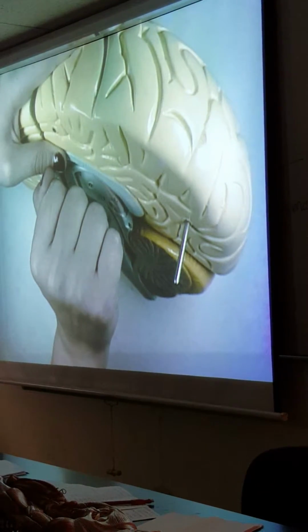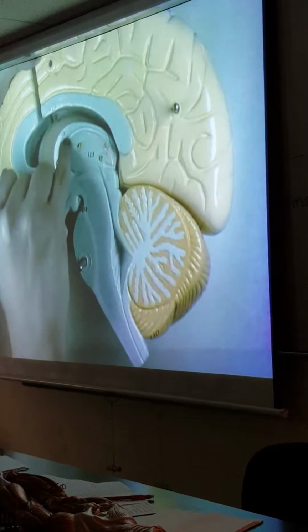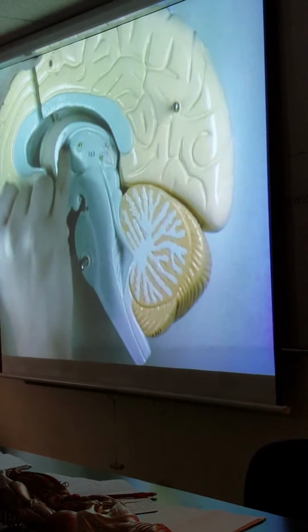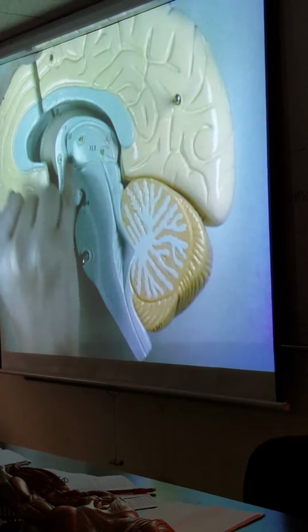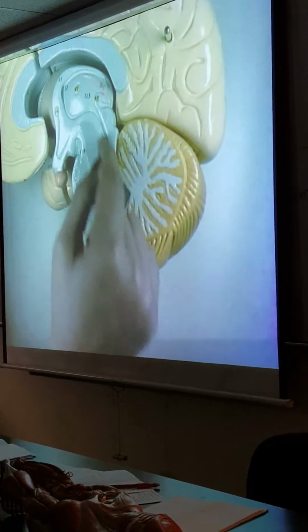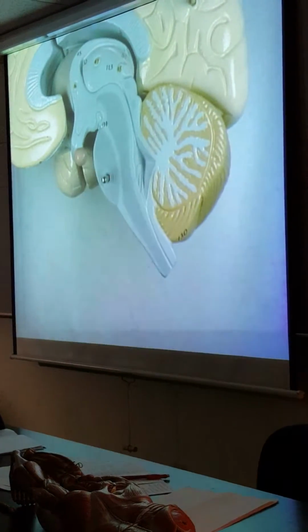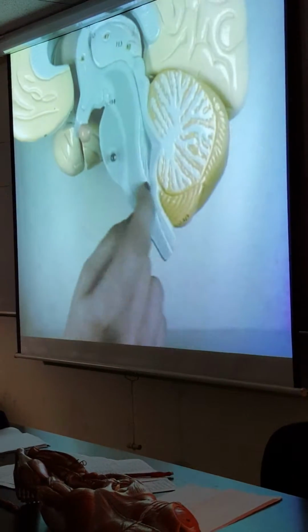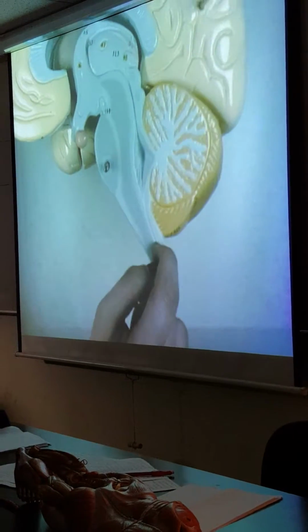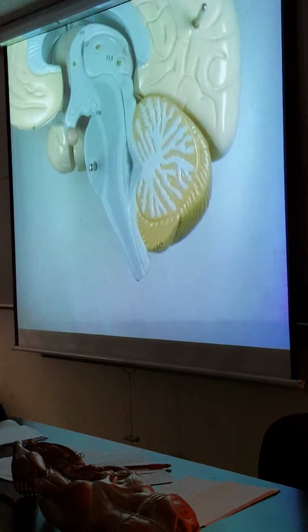In our models, we label the third ventricle, this groove right here, around the thalamus in all of our brain models. From the third ventricle, we go down through the cerebral aqueduct to the fourth ventricle between the cerebellum and the pons. From here, we have two options. We can go down through the spinal cord in the central canal, or we're going to sneak out these little canals to the subarachnoid space.